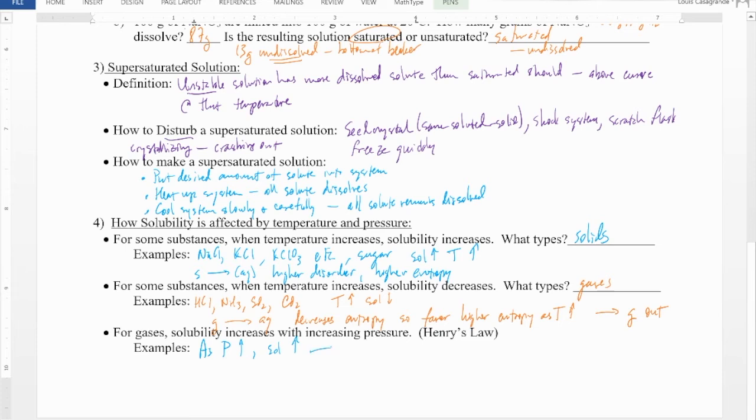So part of the reason for this, more collisions with the liquid is more opportunity to dissolve.